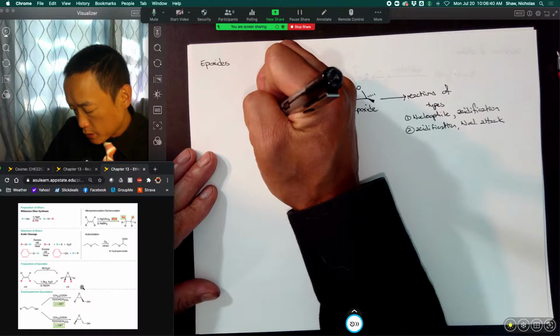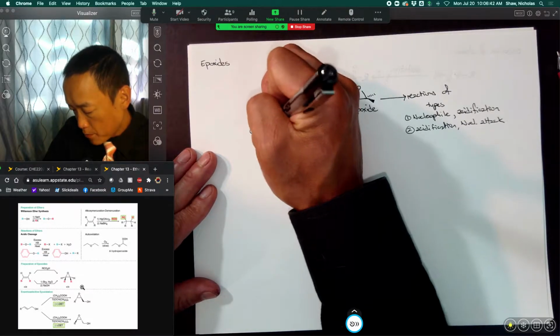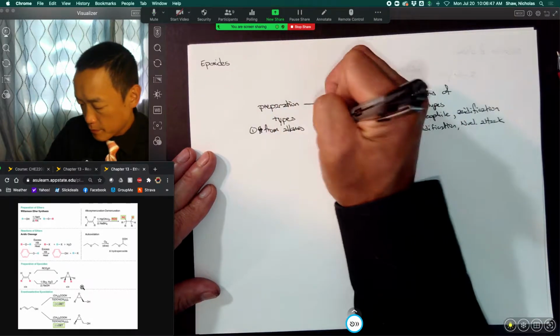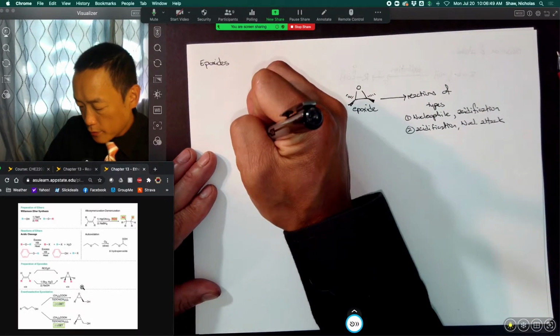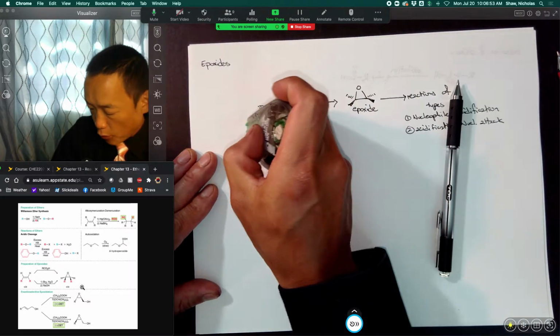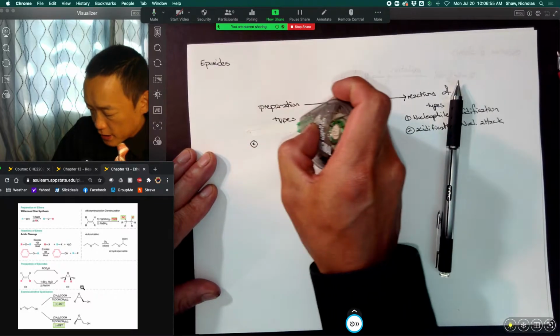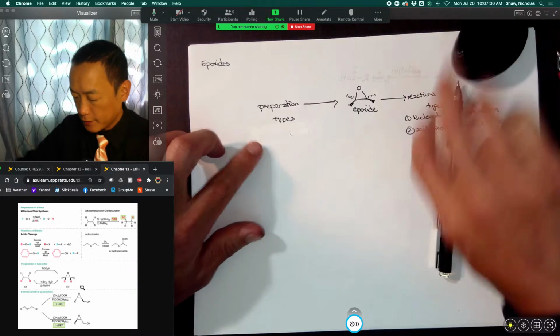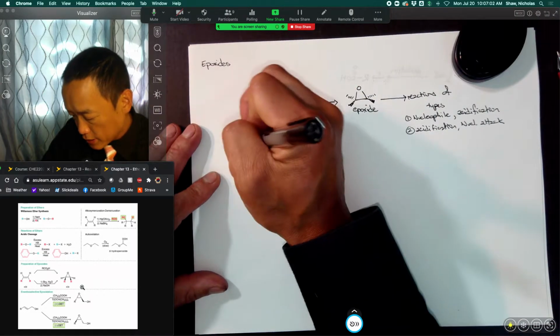Both of them start with alkenes, and they're two separate pathways that we could undergo with that alkene.